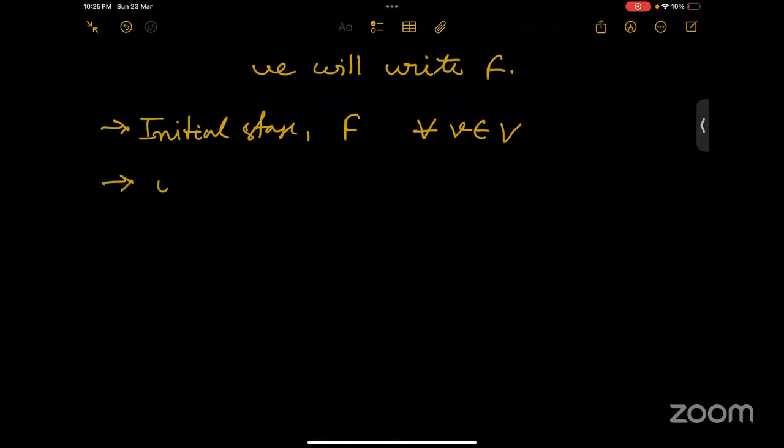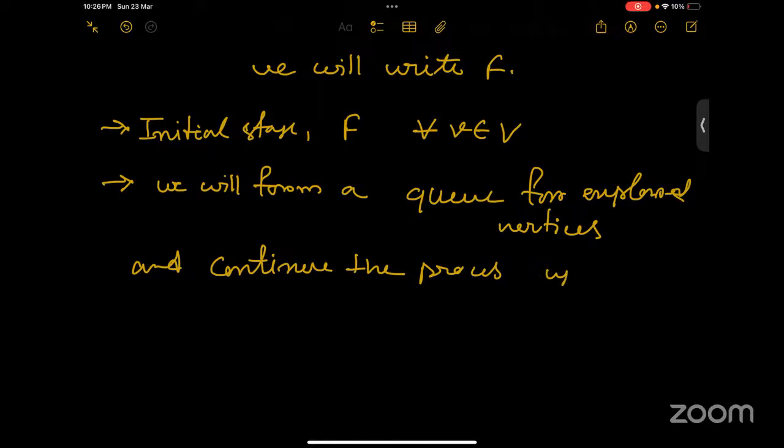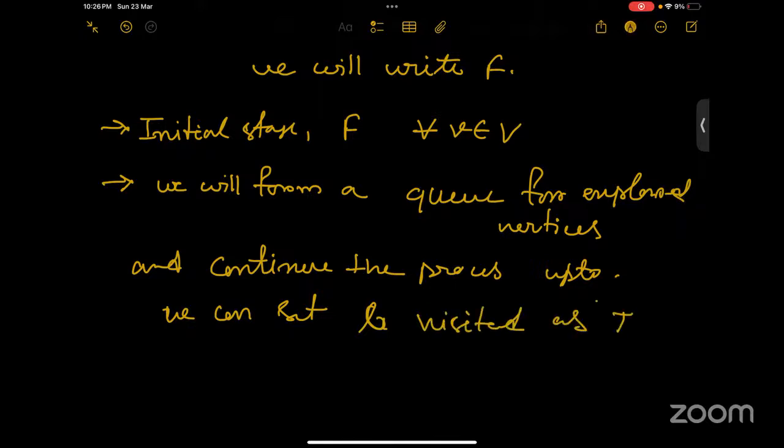We will form a queue to explore vertices and continue the process, until we can set visited as true for all the vertices.